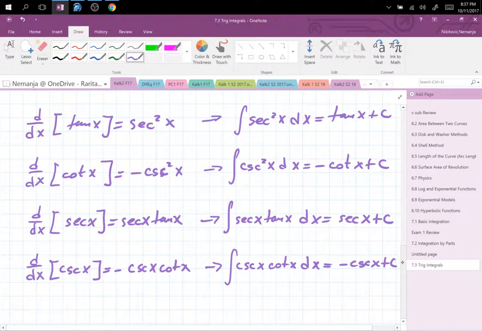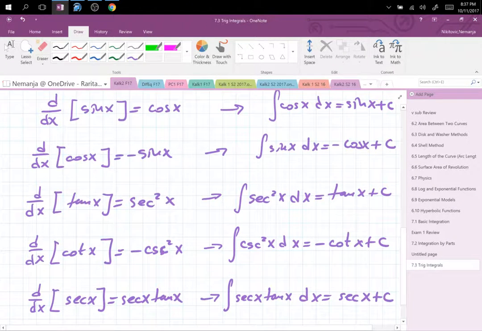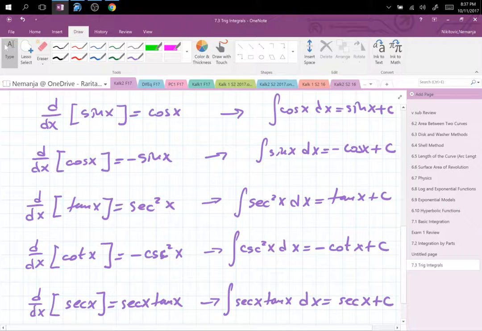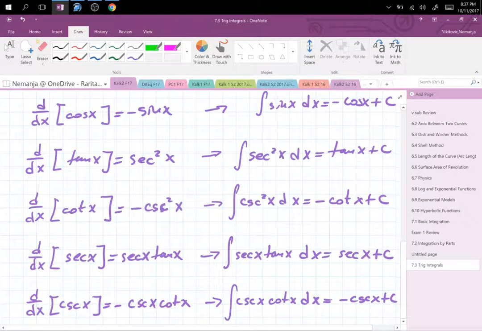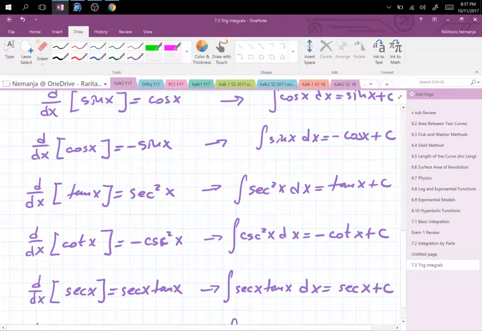It's an integration table. Now, to remember this easier, you see that sine is always with cosine, tangent is always with secant, cotangent is always with cosecant. Then if you look, every other line is negative. The derivatives of the co-functions, cosine, cotangent, cosecant, are all negative.